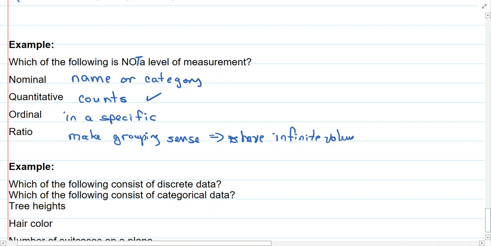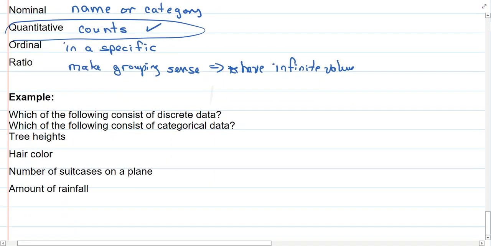So it's not really a measurement, it is more of a grouping. So the only one is the quantitative, is countable.